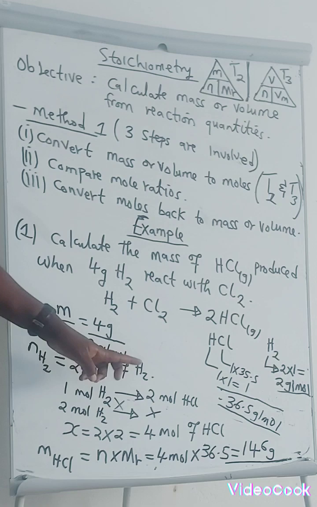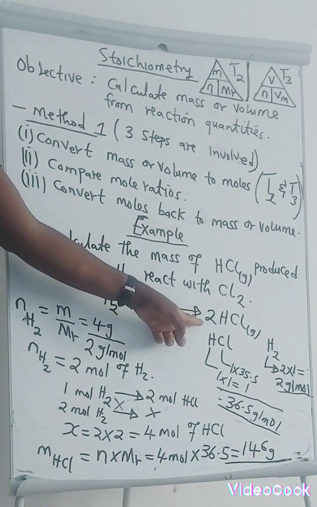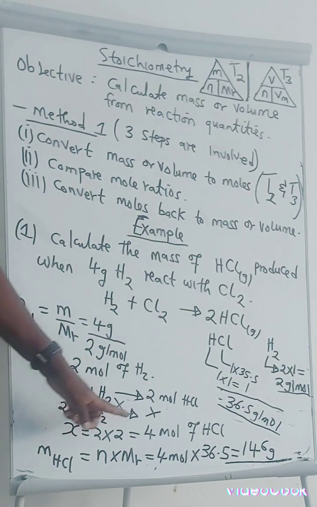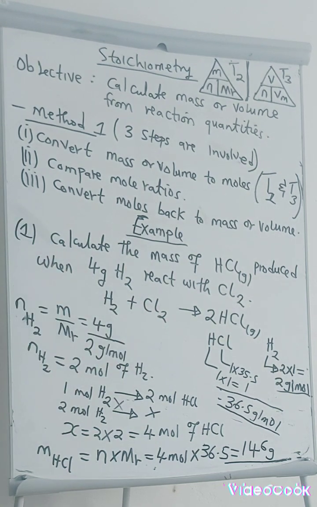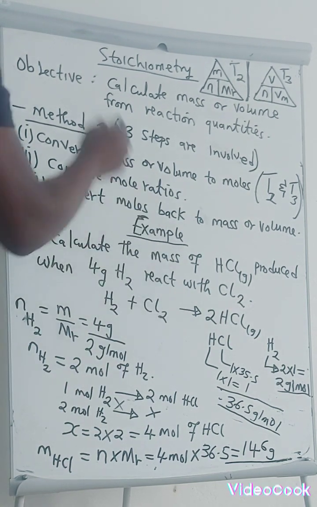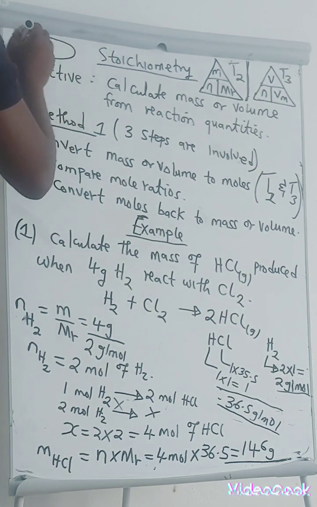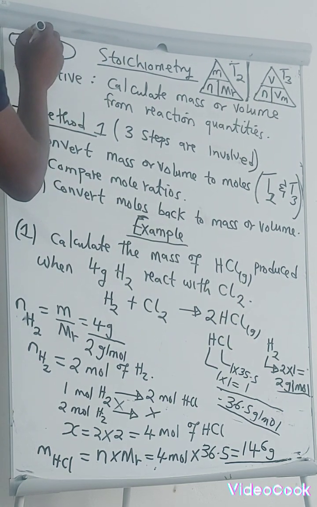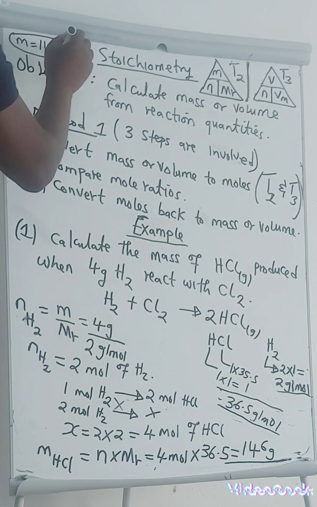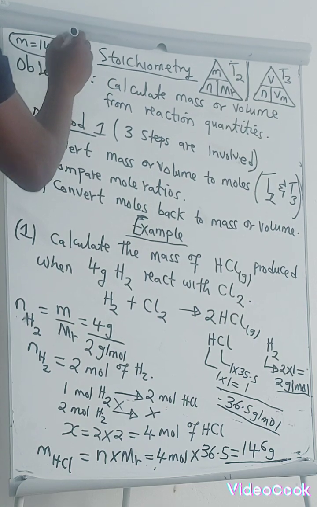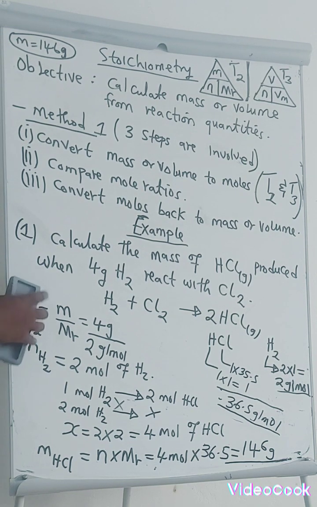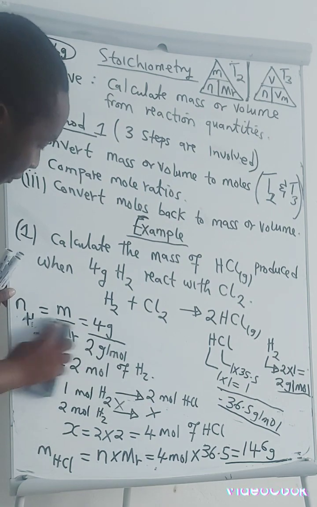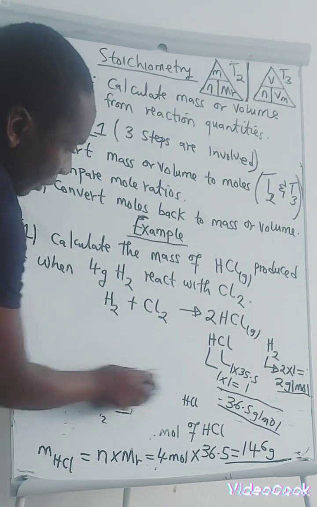Then we got the mass of hydrogen chloride by multiplying by its molecular mass, and we find the answer to be 146 grams. So we wrap up method 1 here.